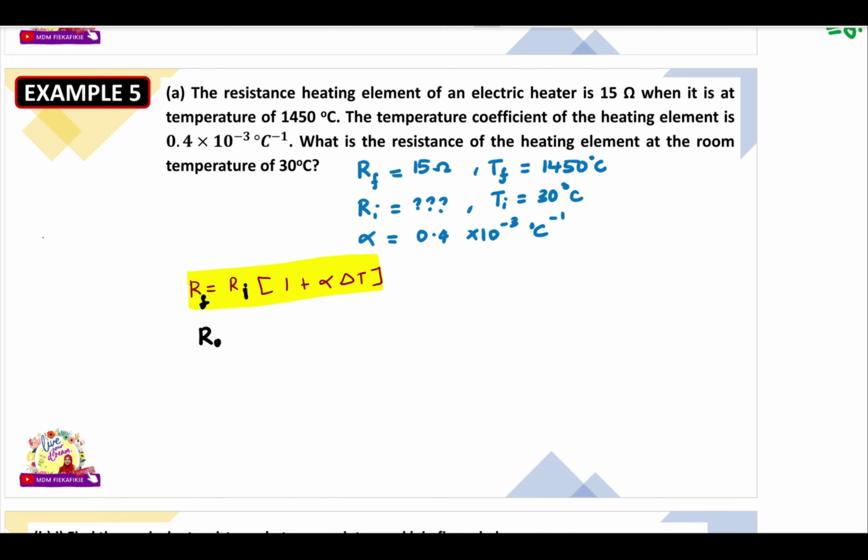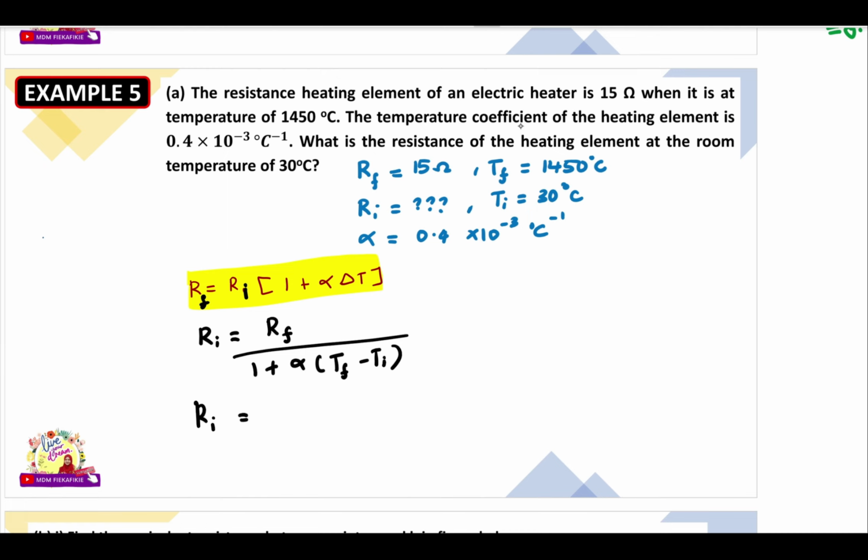Okay, we substitute: R initial is equal to R final divided by 1 plus alpha delta T, where delta T is T final minus T initial. So we can get it directly.